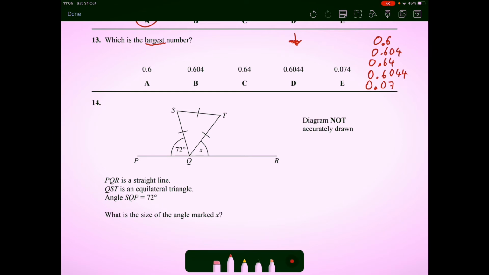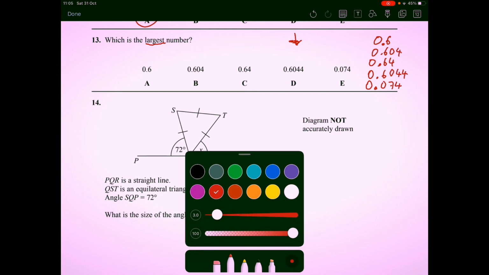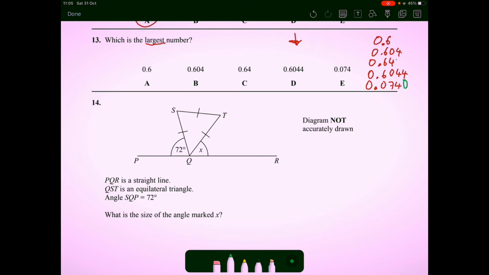Done it again. I've written a 5 instead of a 4 for some reason. Written out in terms of accurate place value places. Now they've got different numbers of places, so we're just going to fill in with zeros such that every single one of them has the same number of digits.